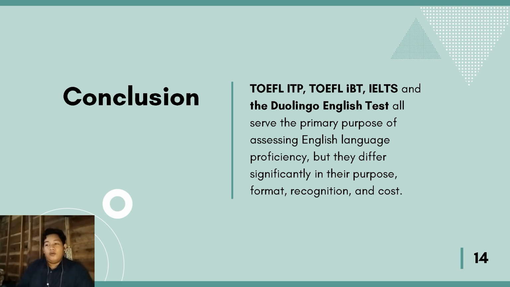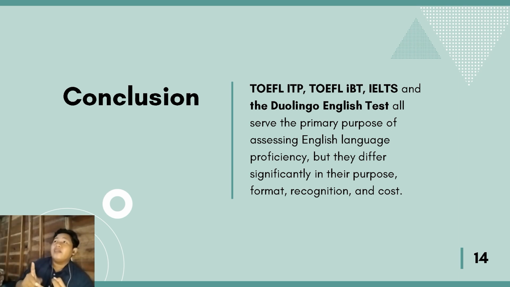It's like you want to have a job, or you have to apply for a scholarship. And I think here is a little tip. If you want to apply for a job, you can use the ITP and IELTS, because this is one of the simple ones, and we use it everywhere.